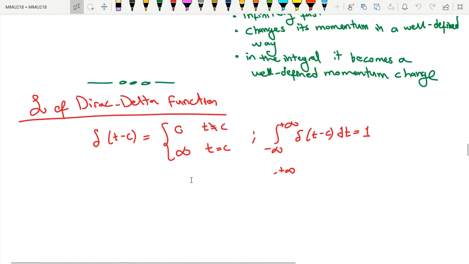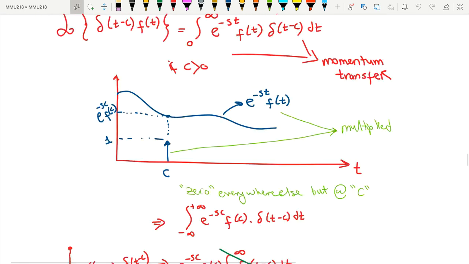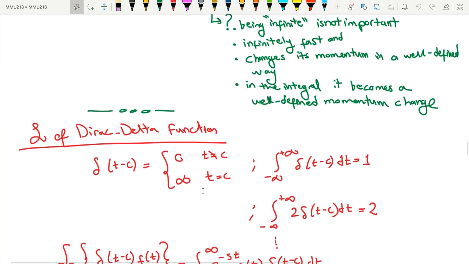Let's see what happens. I have a time-shifted delta function. Let's say my impulse is happening right at c. From minus infinity to infinity, whenever I hit c, the integral will become 1 because I have an impulse at time c.